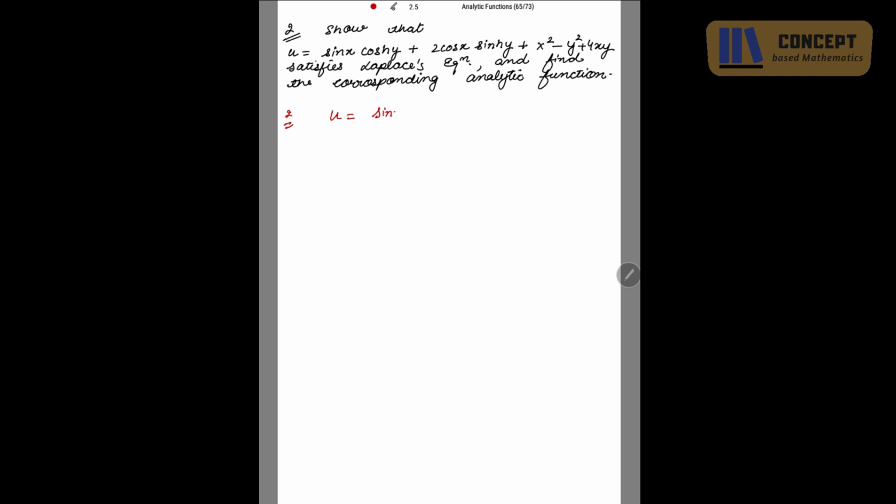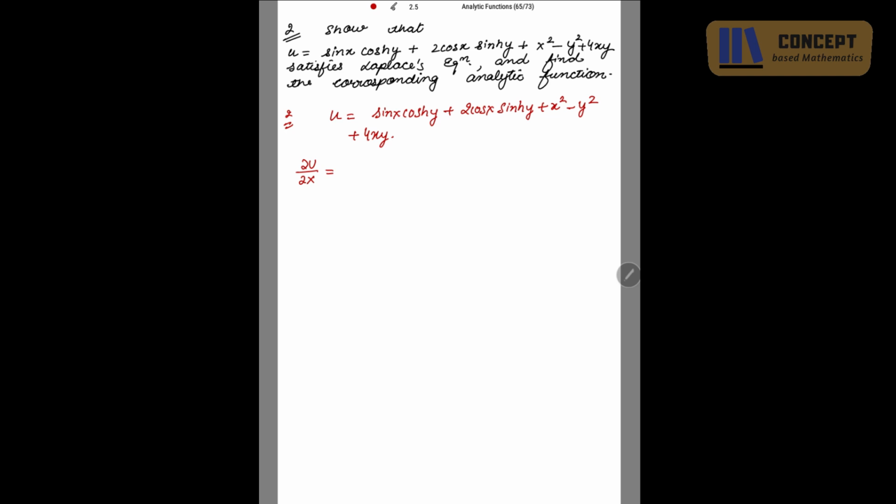U is sine of x cos hyperbolic y plus 2 cos of x sine hyperbolic y plus x square minus y square plus 4xy. So let's start.